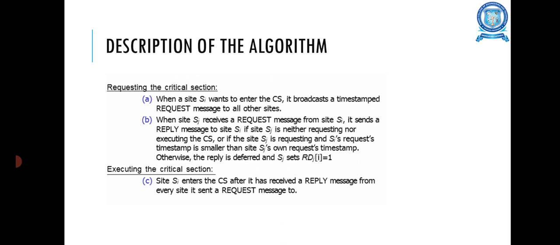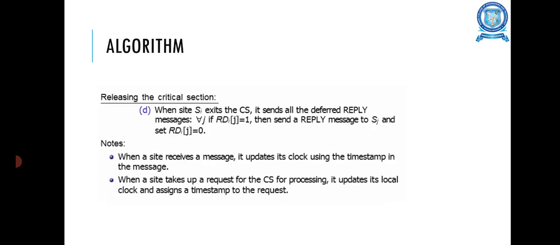Then the second part is executing the critical section. The site Si enters the critical section after it has received a reply message from every site. Then the final step is releasing the critical section. When the site Si exits the critical section, it sends the deferred reply messages for all j.